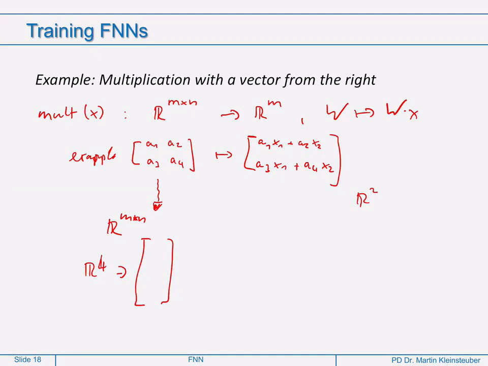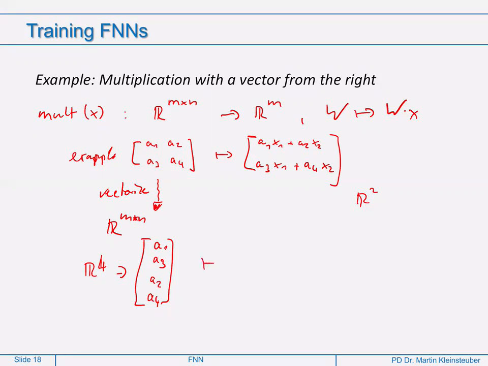You have probably already heard of this vectorization. So vectorize, we have A1, A3, and then A2 and A4.